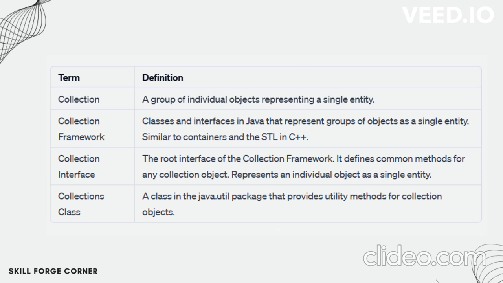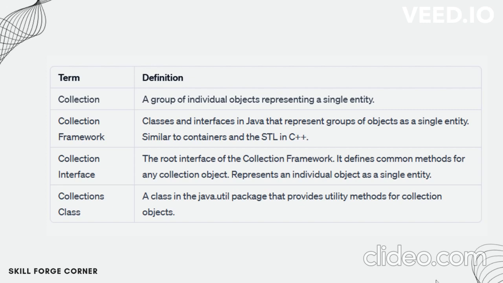The classes and interfaces defined by the collection framework are required to represent a collection of objects as a single entity. You can compare collections with containers and the collection framework with the standard template library, if you have any prior experience in C++.